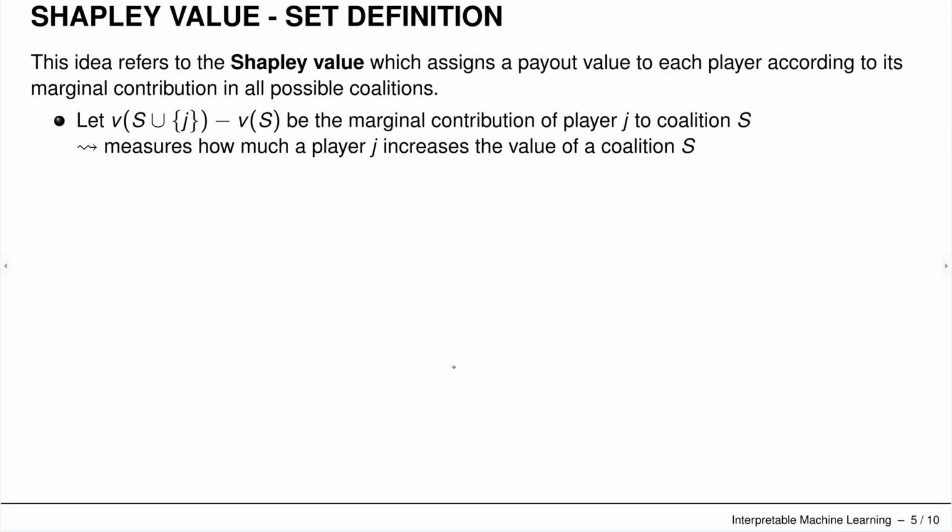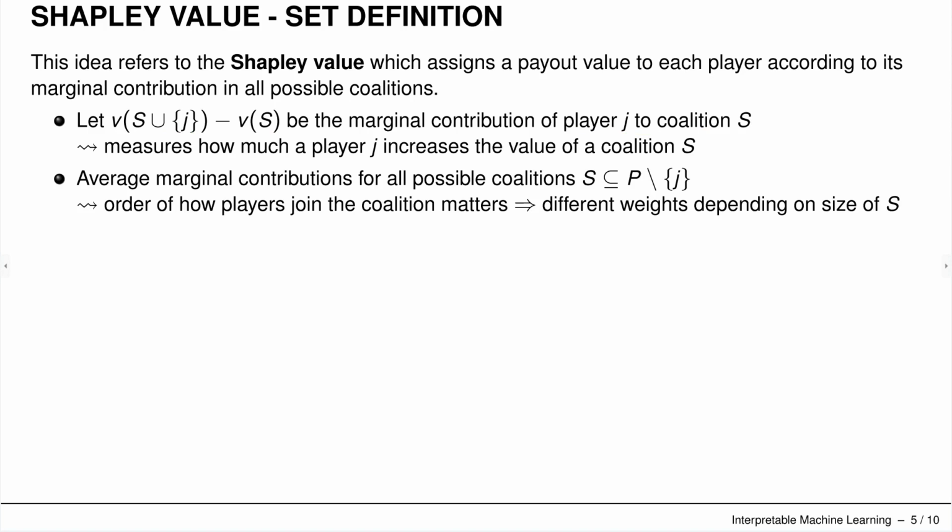So we have our value function, and we take coalition S and add the player J and calculate the value function. And we calculate the value function for the coalition S without the player J. And the difference is the marginal contribution of player J to a coalition S. So it measures how much a player J increases the value of a coalition S.